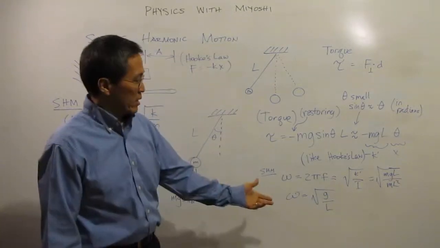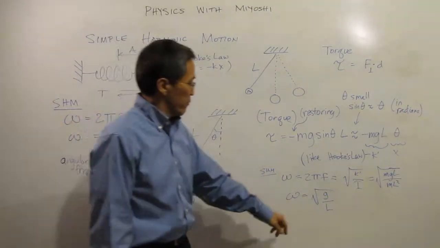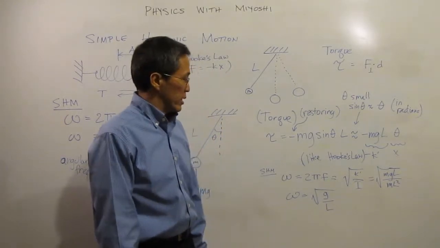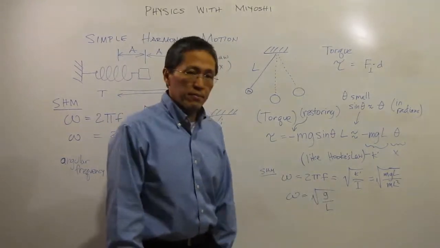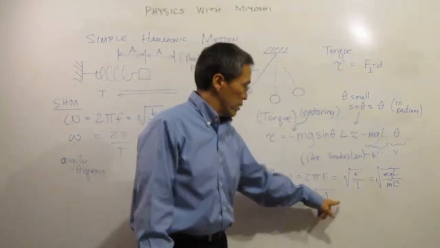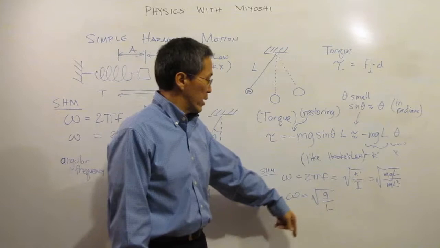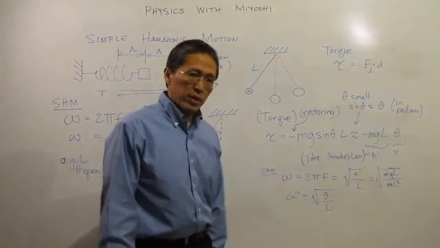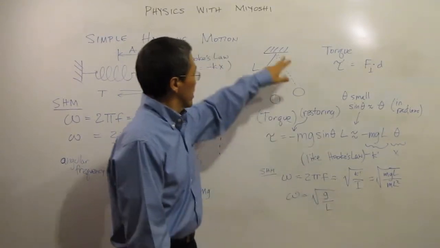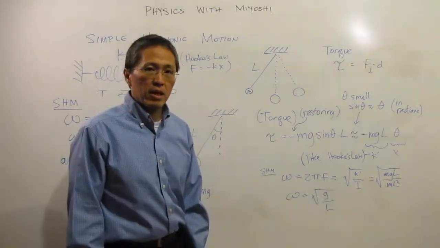The nice thing about this, the thing to remember, is that the angular frequency, and the regular frequency, of a pendulum is not dependent on the mass, as you can see. It's only dependent on gravity, which on Earth is fairly constant, and the length of the pendulum itself.